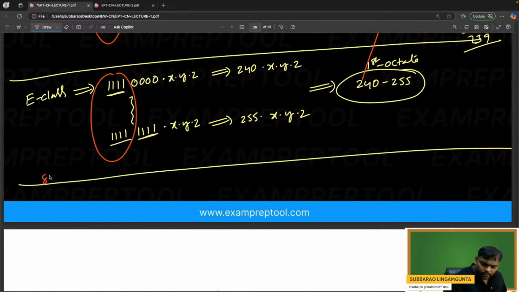So first, let's talk about only the first octet: 8 bits, minimum is 0, maximum is 255.